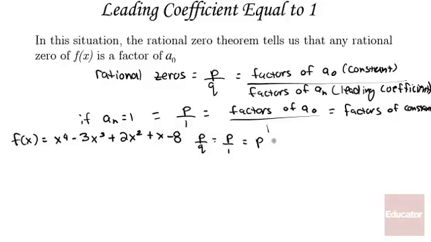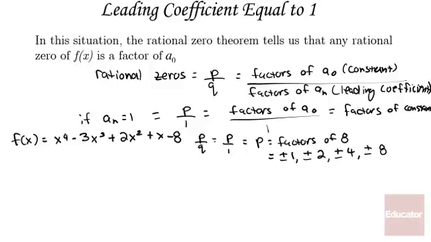Now, here, p is going to equal the factors of the constant, which will be factors of 8 equals plus or minus 1, plus or minus 2, plus or minus 4, plus or minus 8.